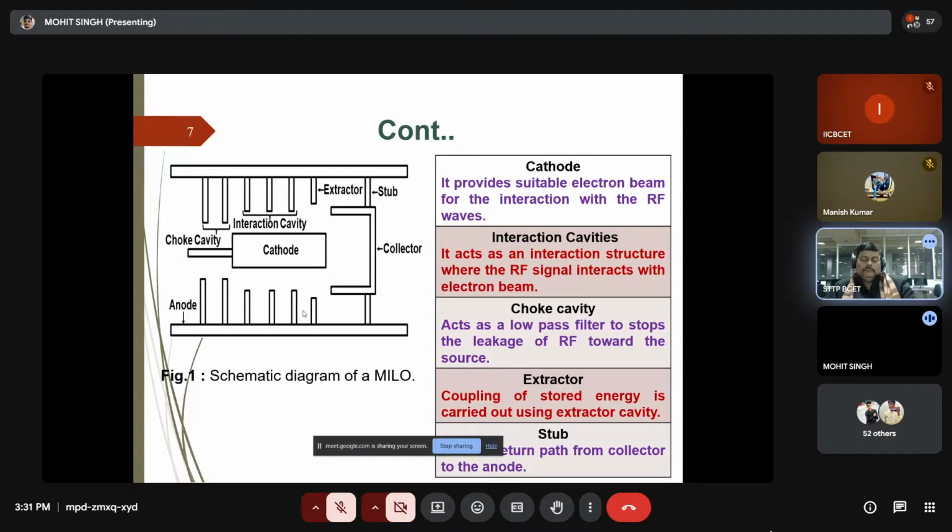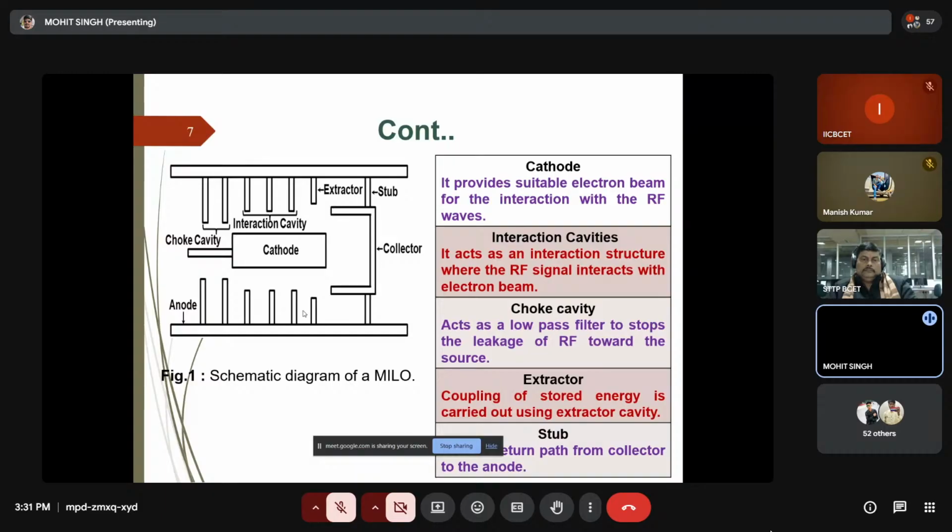If the velocity of the RF wave becomes equal to the drift velocity of the electron beam, in that case they will interact with each other. If they interact with each other, the kinetic energy of the electron beam will be transferred to the RF wave.